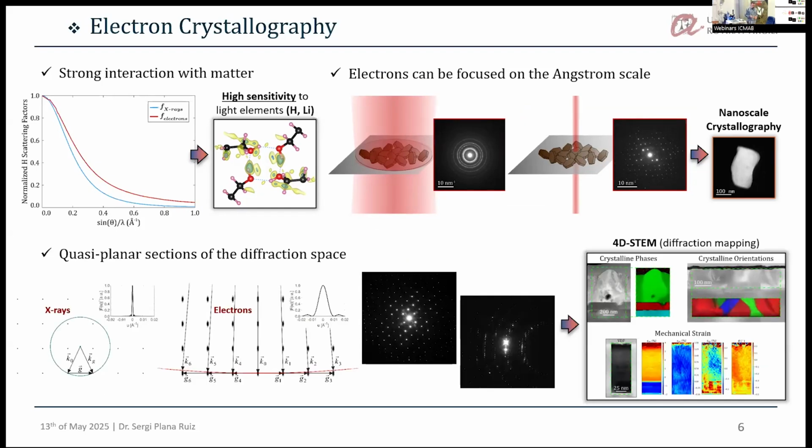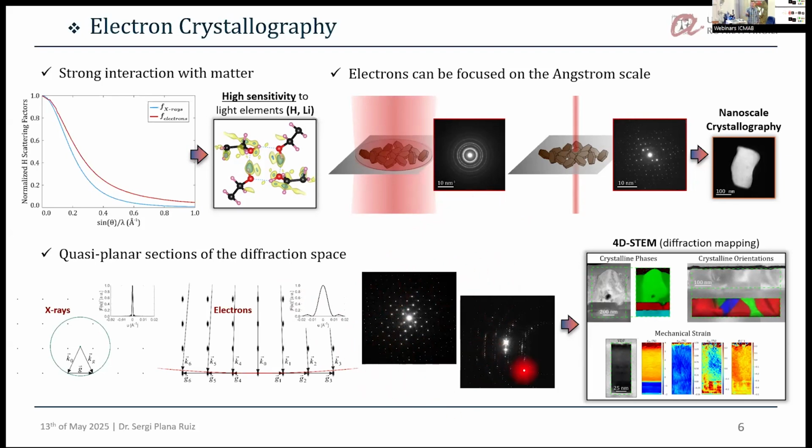Another interesting thing is that the wavelength related to electrons is quite small, meaning that the Ewald sphere is very huge. So in this respect, every diffraction pattern contains a lot of reflections, and if these crystals are aligned on a zone axis, we will get a lot of information from the zero-order Laue zone directly.